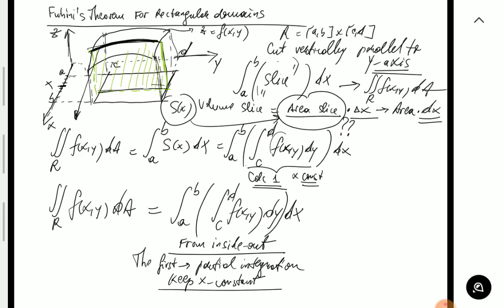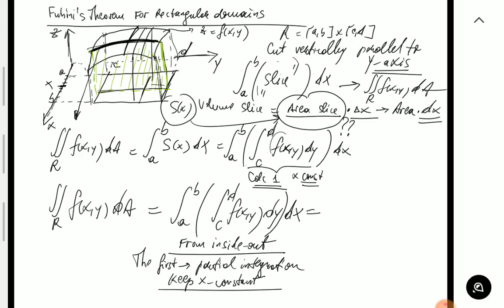Before we go to an actual example, let me point out that the whole reasoning that we talked about right now can be repeated if, look at the picture here on the corner, we were to slice this volume with slices parallel to the x-axis. So in other words, for rectangular domains, the order of integration does not matter.